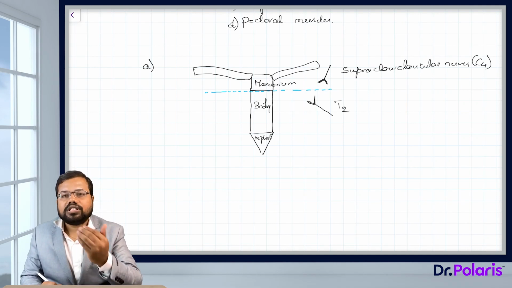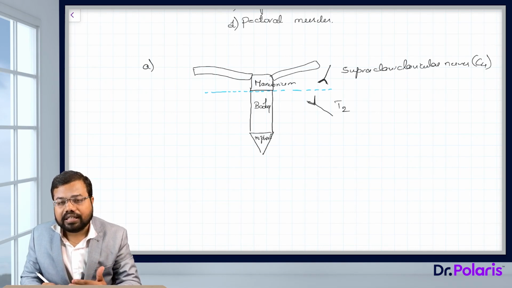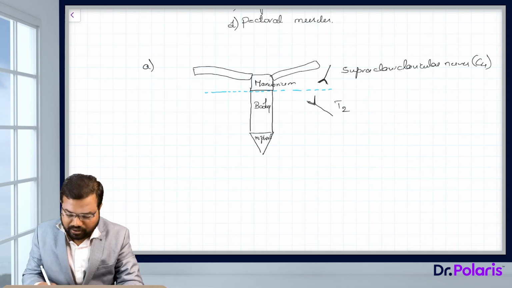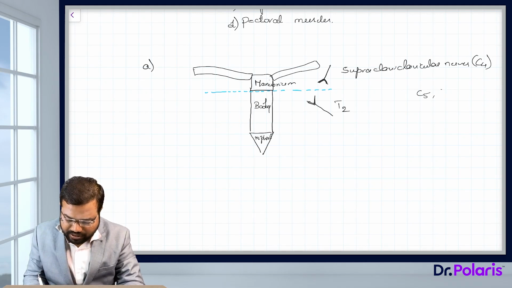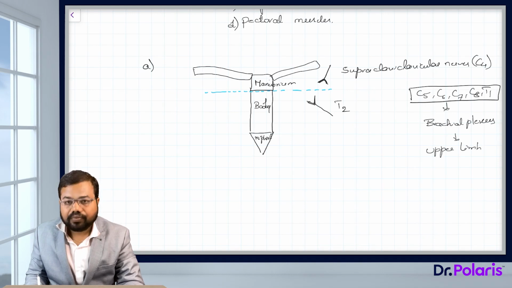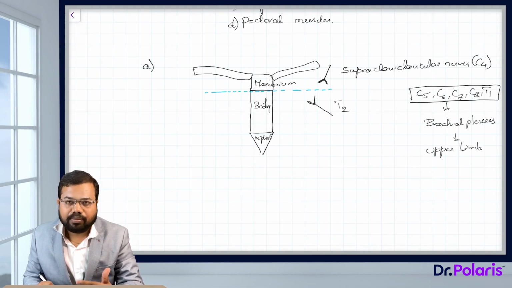Simply put, above the sternal angle it is C4, and below the sternal angle it is T2. What about the remaining spinal nerves in between, that is C5, C6, C7, C8 and T1? They form the brachial plexus to supply the upper limb. Okay, so this is the first thing: the skin or the cutaneous supply.